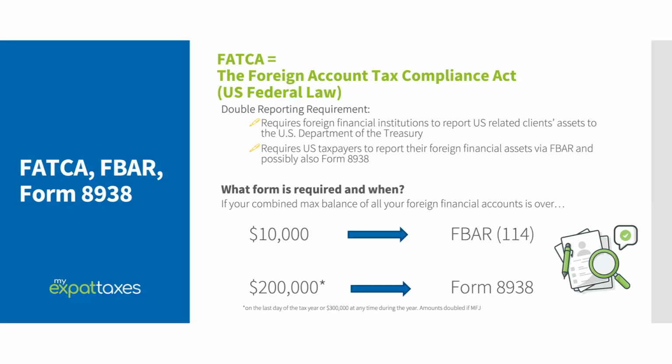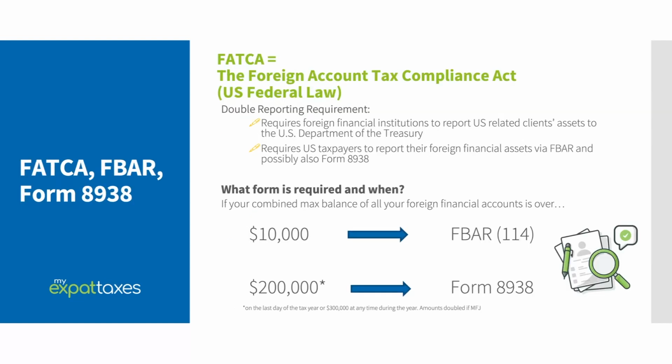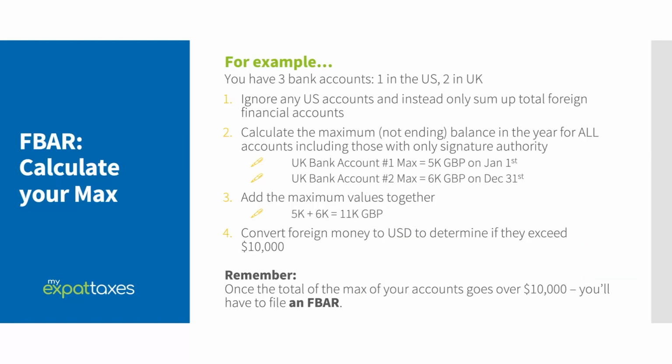But let's keep it simple. The bank accounts. If the maximum balance cumulatively at any point exceeded $10,000 in your foreign bank account, you will have to file an FBAR. What this means, to give you an example, it might be easier.